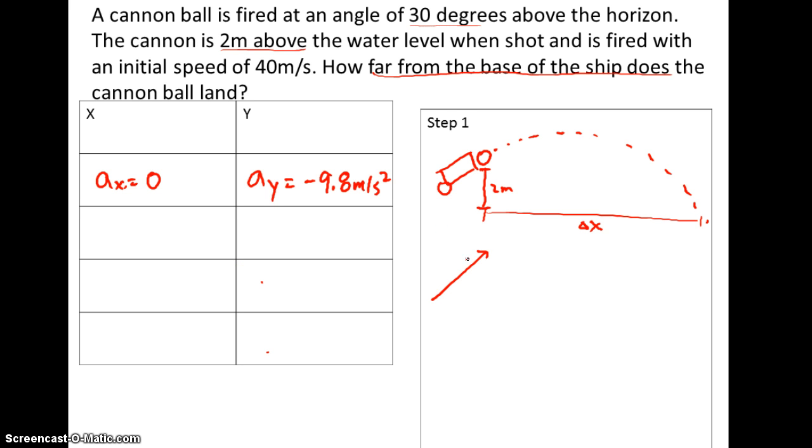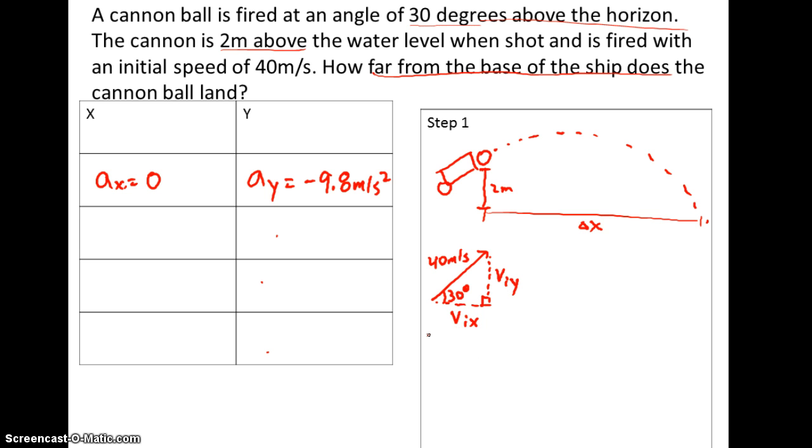So it's shot at 40 meters per second. That's its initial velocity. Its velocity also includes the direction, which is 30 degrees above the horizon. If I want to find my initial velocity in the y and in the x direction, I can break this up into a right angle triangle where I have Vix and Viy.